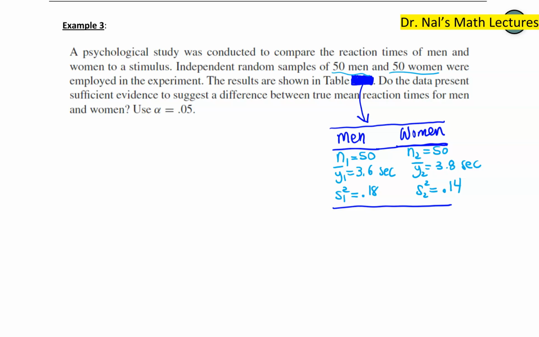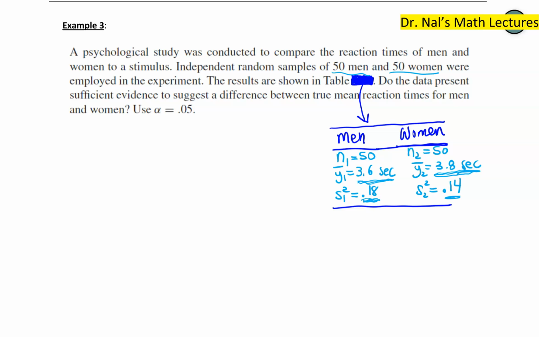This is what we call a three-line table. We have 50 men, 50 women. The average response time to the stimulus for those 50 men is 3.6 seconds and 3.8 seconds for women. Women took slightly more time, and the sample variances for men and women are 0.18 and 0.14.